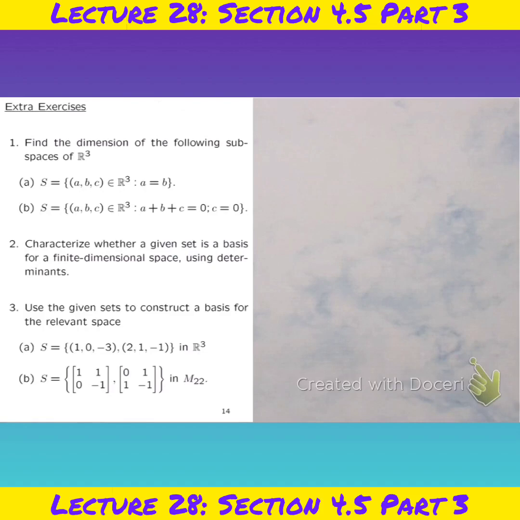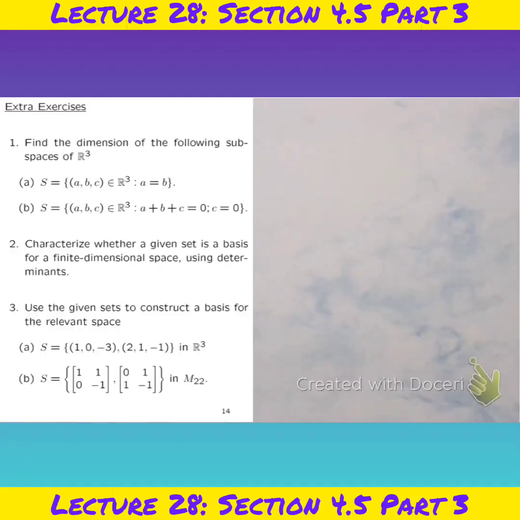In a finite dimensional vector space, all I need to check for a set to be a basis is whether that set is linearly independent or whether that set spans V. So essentially, all I need to actually check is the linear independence. So if I can establish when that property will hold, then I will be able to answer the question.